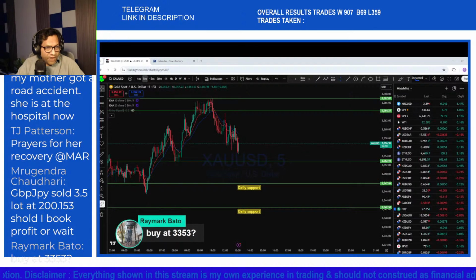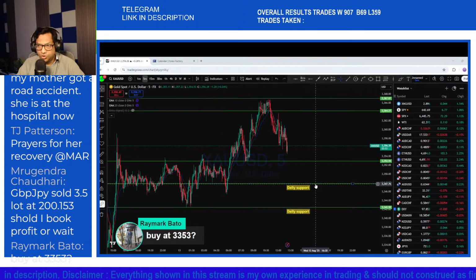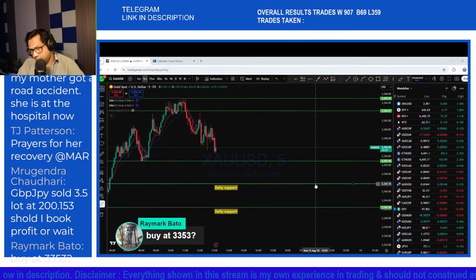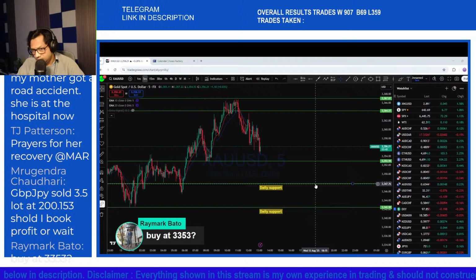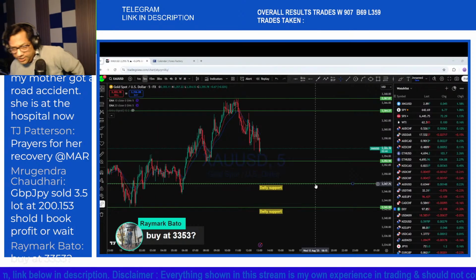Buy at 3353. I wouldn't go yet. For buying, we will be waiting for the daily low and daily open.